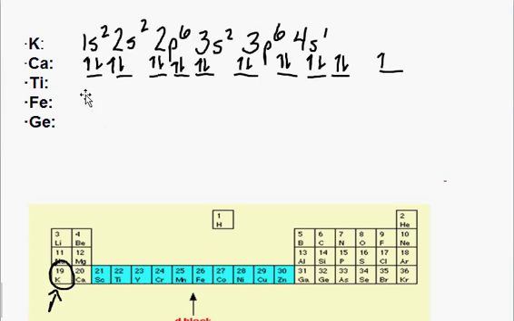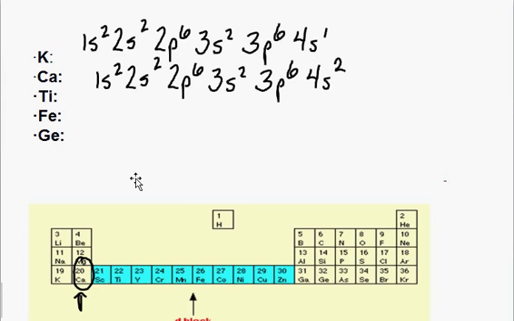And my orbital diagram looks a lot like what I started with. So I have 1 orbital for each s, 3 for each p, so I have 2p here, 3s here, 3p here, and then 4s1 there.